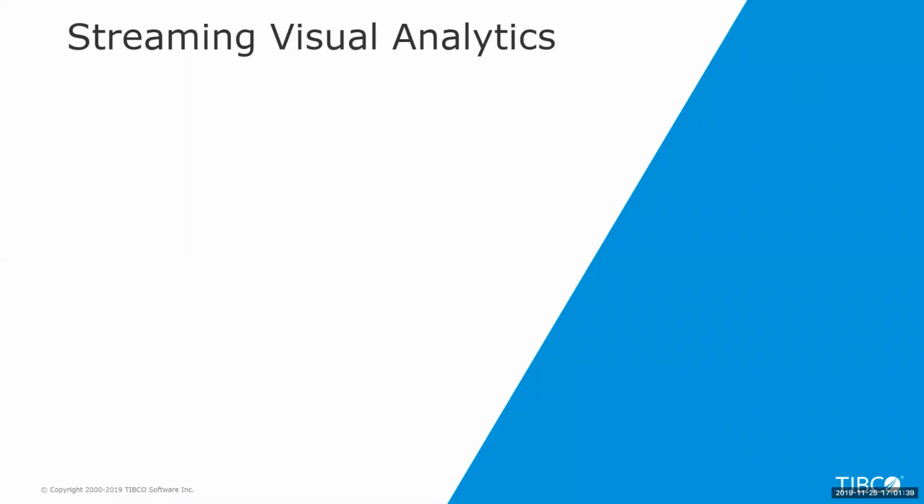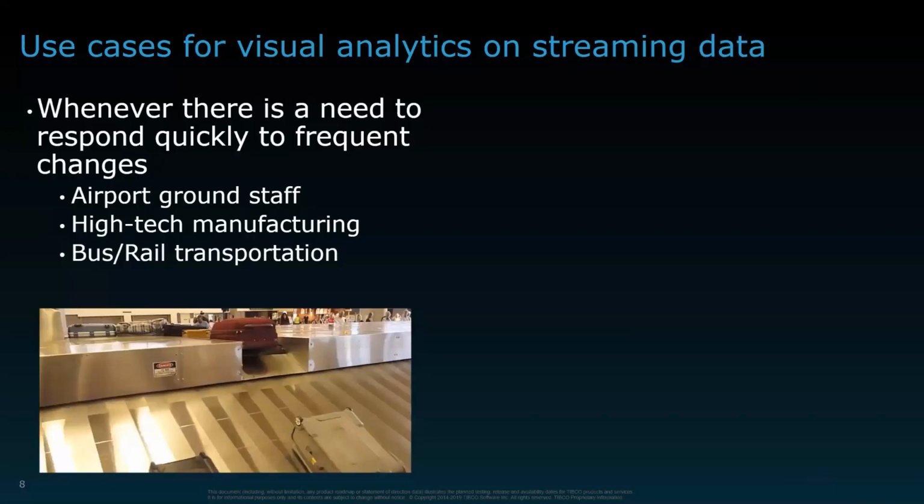So just to start off, I wanted to cover streaming visual analytics and give a little bit of background in that area. Generally speaking, when you have use cases for visual analytics on streaming data, this falls into one of two different scenarios. The first one is whenever there is a need for responding really quickly to frequent changes in the situation.